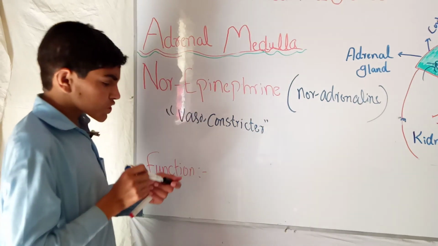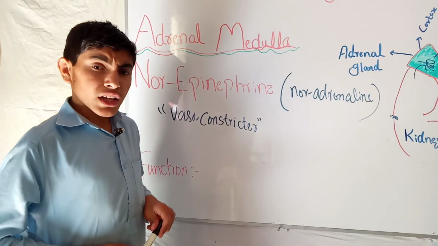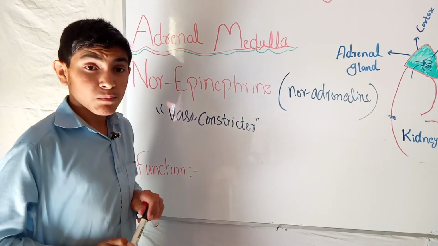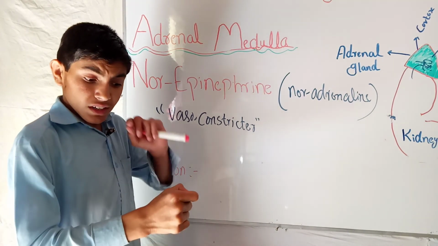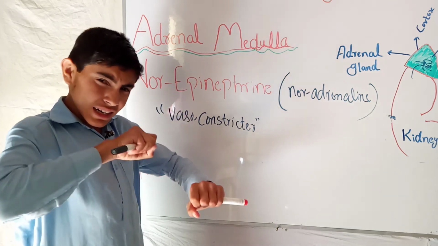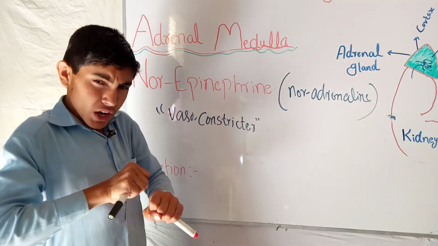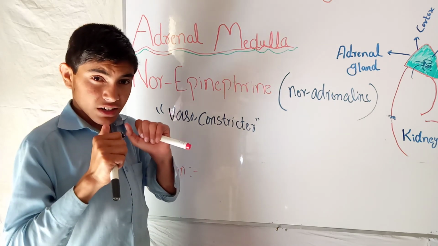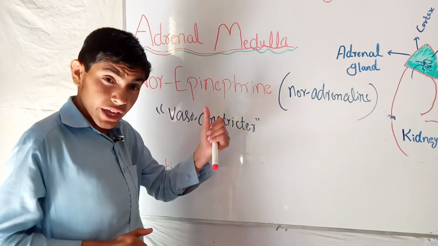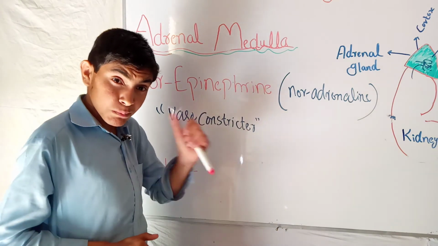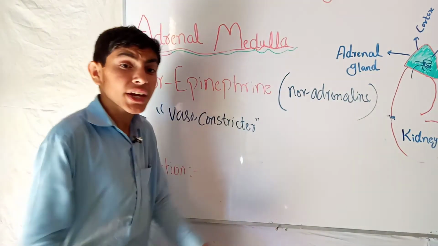It is a hormone which is secreted when you are in fear. So sometimes your skin becomes a little white, whitish and yellowish in color. So this hormone, which we call norepinephrine, is secreted at that time. It does not allow you to fight or flight.